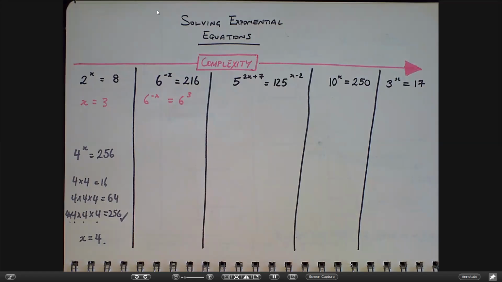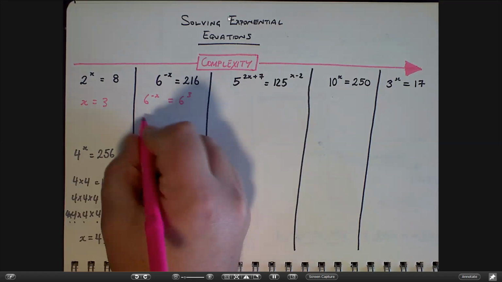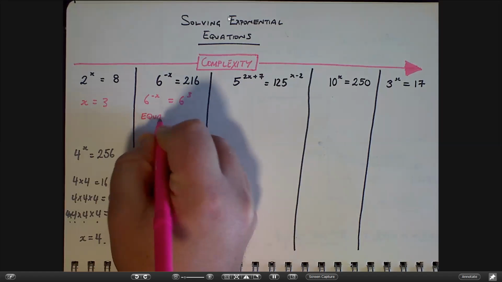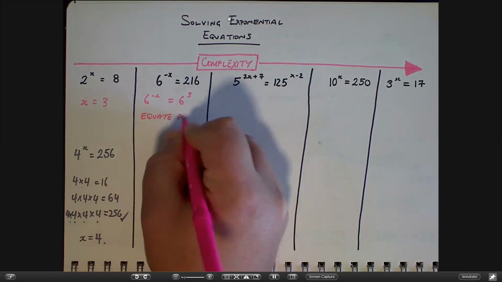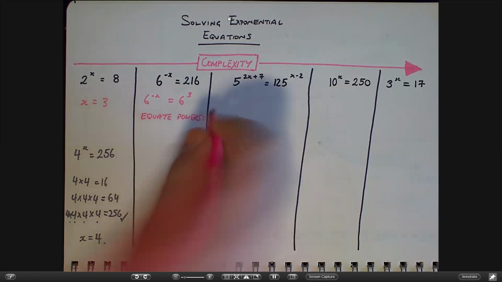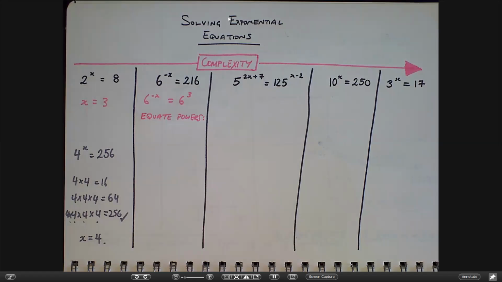Okay, if you're never able to see that, then you're actually dealing with one of the more difficult ones over to the right, and I'll give you the techniques you need to solve those later. But if you can see that this is a power of the same base, then you write it as that power. And then we're going to equate powers. The only way that 2 powers of a number can be equal is if those powers themselves are the same.